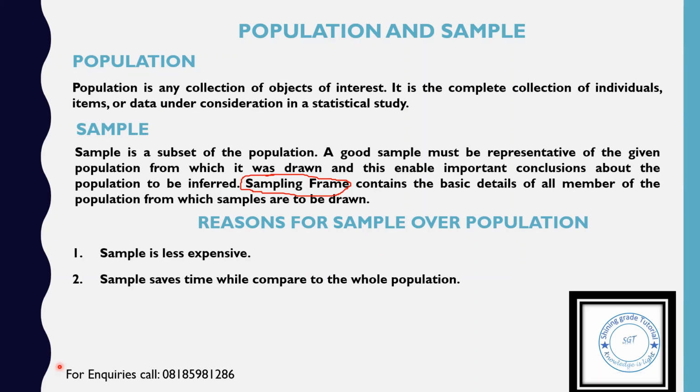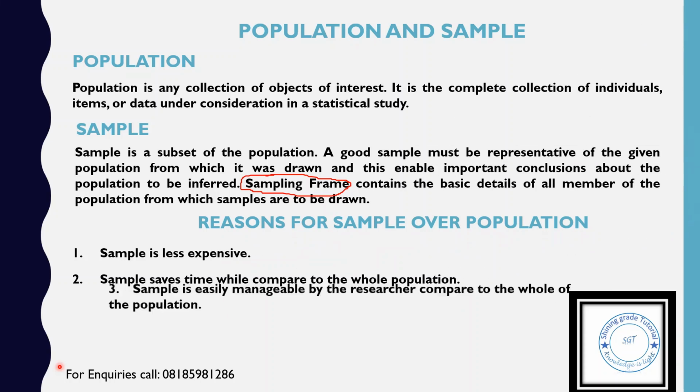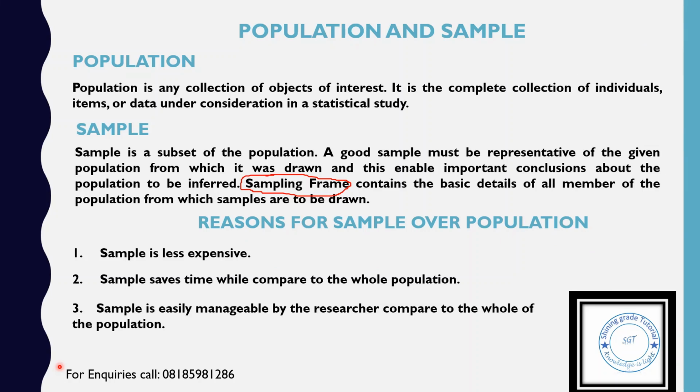It saves a lot of time when compared with having a study over the whole population. Also, it enables the researcher to really manage the study, making it manageable compared to studying all of the population. So these are the reasons why we think a sample is more preferable over the population.